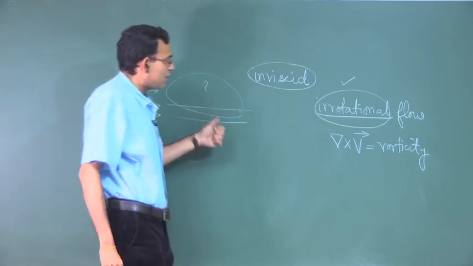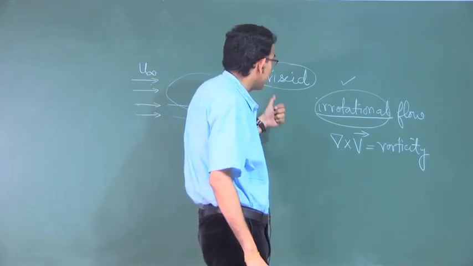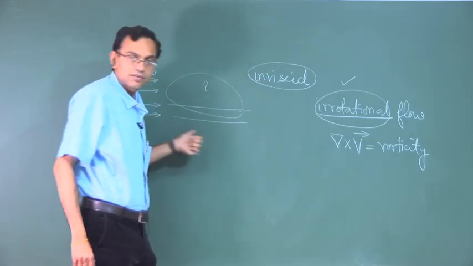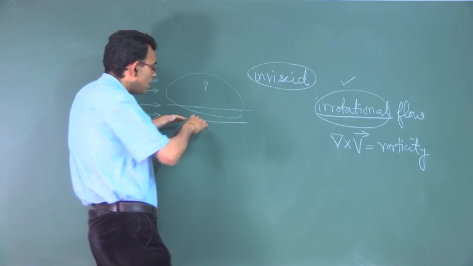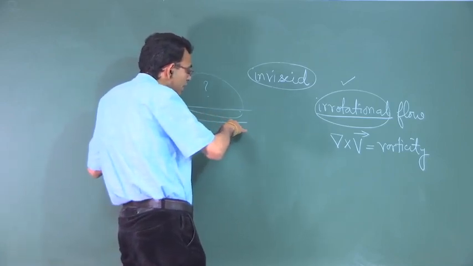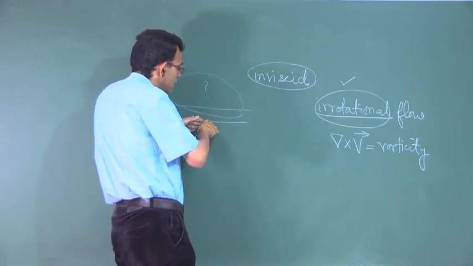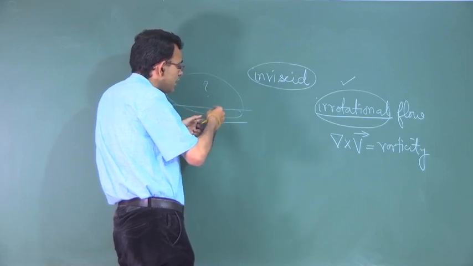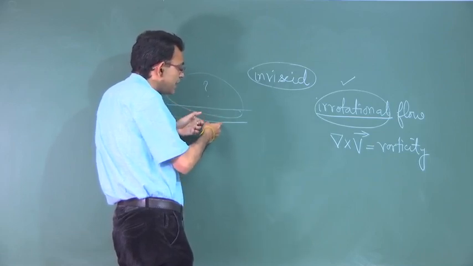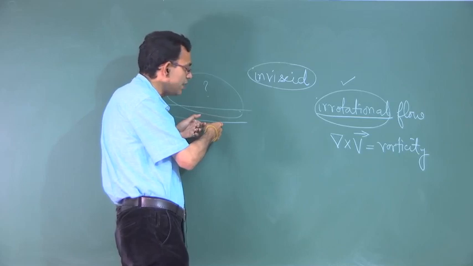So, clearly we cannot treat this as inviscid everywhere, because of the effect of the solid boundary and the perturbation or disturbance in momentum created because of the presence of the solid boundary.